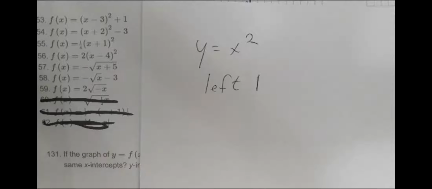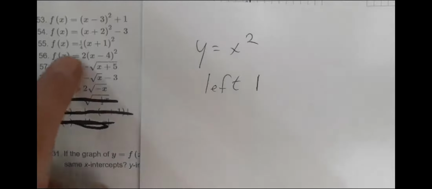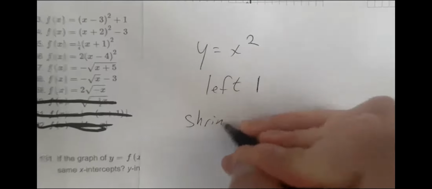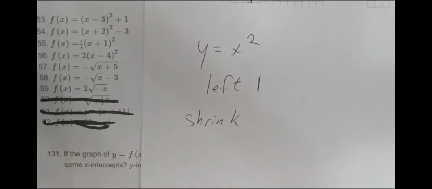On the outside. It's definitely on the outside, so this is happening to my y quantities if it's on the outside. What happens when I multiply by a fraction? Is it going to get larger or smaller? Well, looking at the fraction, probably smaller. Smaller. So it shrinks by a factor of 1/4.